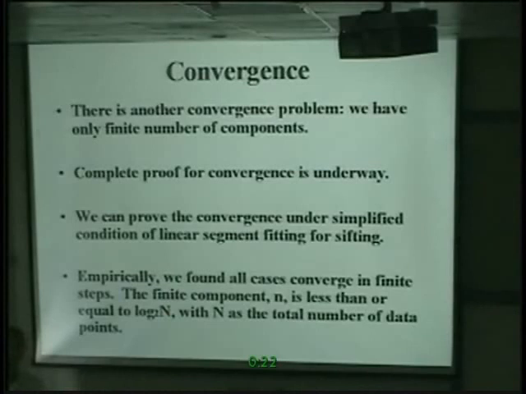The EMD, as we proposed, is a dyadic filter. It will keep on doing that, and each component turns out the scale is, for example, n. The next component scale is half n, and quarter n, and 1/8 n. Each time it reduces to half. Yeah, that unfortunately is only empirical.